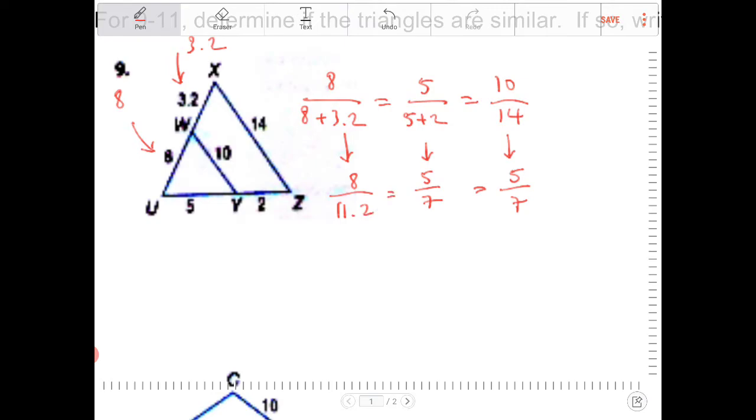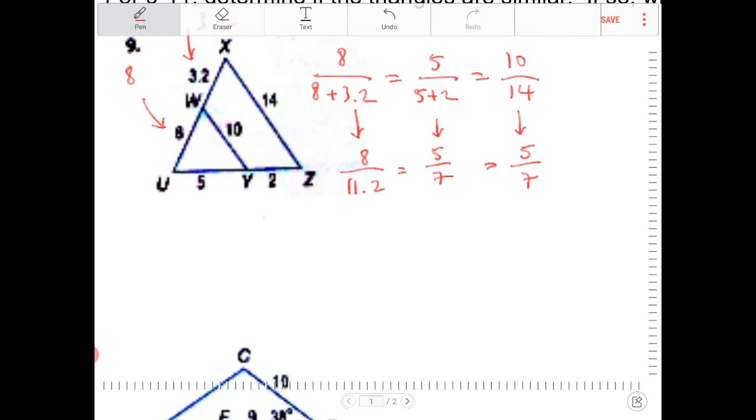So what is tricky is this guy right here is 8 to 11.2, the same thing as 5/7. Well, if I take 8, 11.2 and multiply top and bottom by 5 and 5, I'll get 40 over 16. And 40 and 16 have a common factor of 8. Sorry, not 5 times 11.2 is not 16.